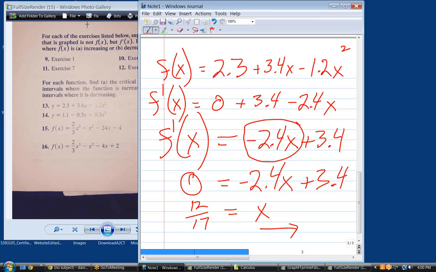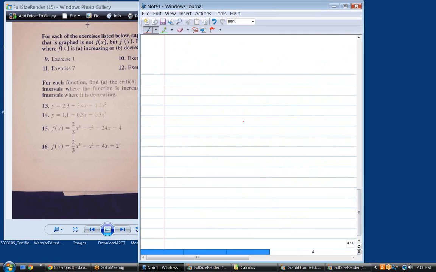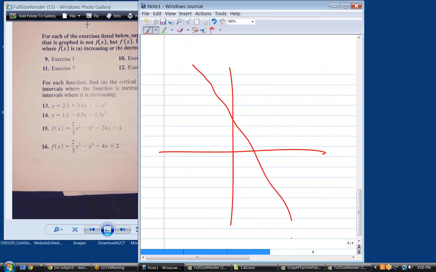When I go to the left of it, this is a linear equation we have here. In other words, this equation that I just came up with is something that looks like that. And that point is the y-intercept. That's 3.4.